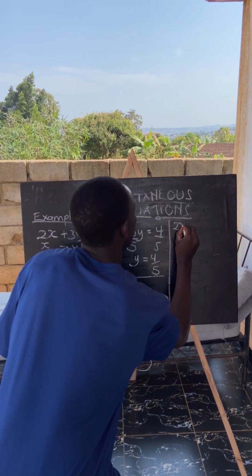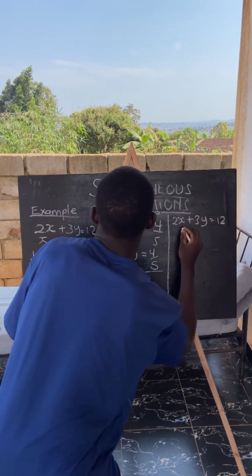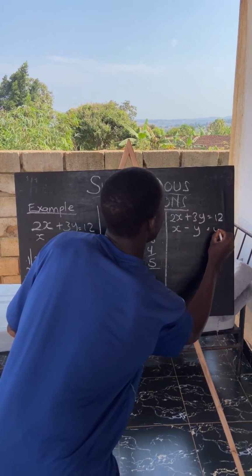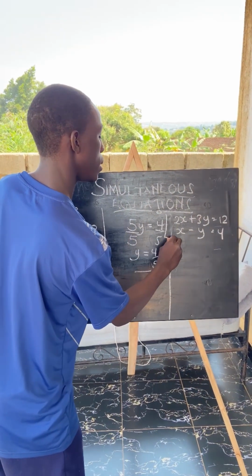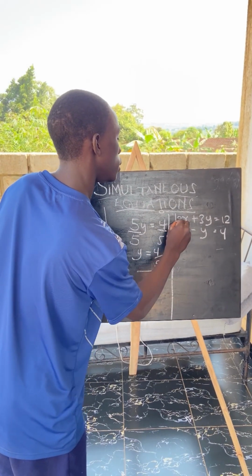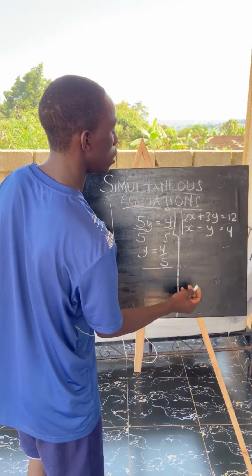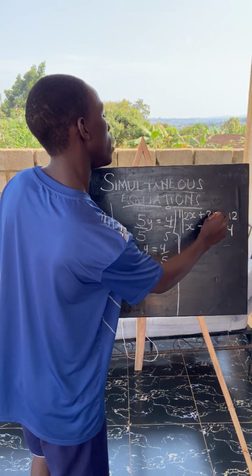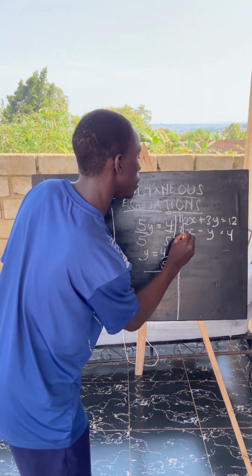So 2x plus 3y equaling to 12, x minus y equaling to 4. So we are going to eliminate y. As I told you, we are taking the coefficients. So here we are having a coefficient as 1 for y. Bring it up. Then a 3, which was here, to appear down.